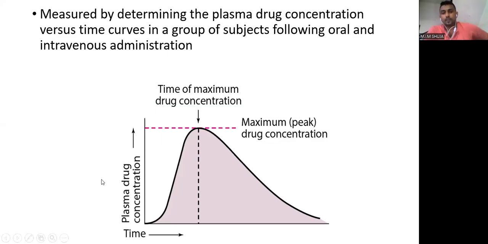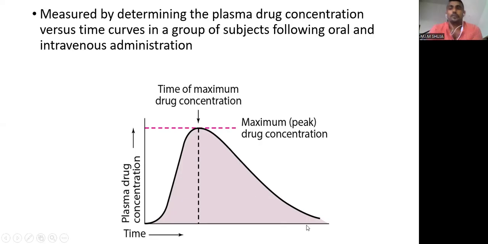So you give a drug and you measure the plasma concentration of the drug in the blood. You take serial measurements from time to time. Then you plot this plasma concentration on the y-axis and time on the x-axis, and you will get a graph like this.